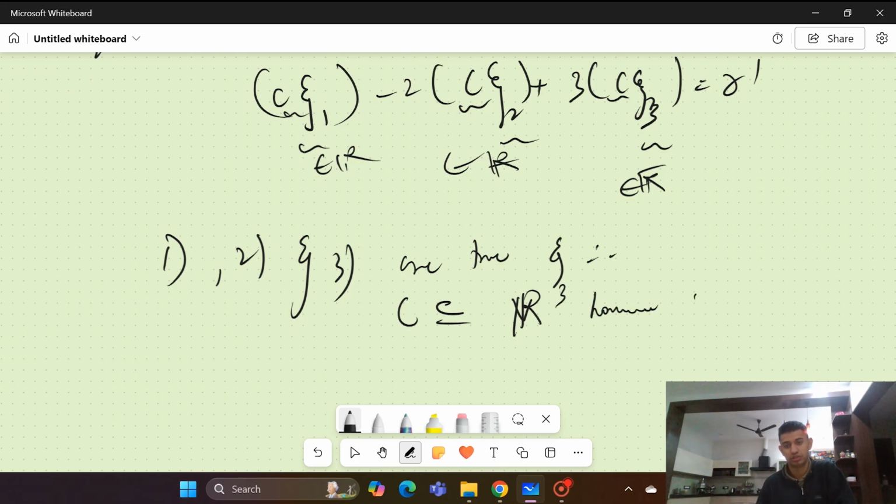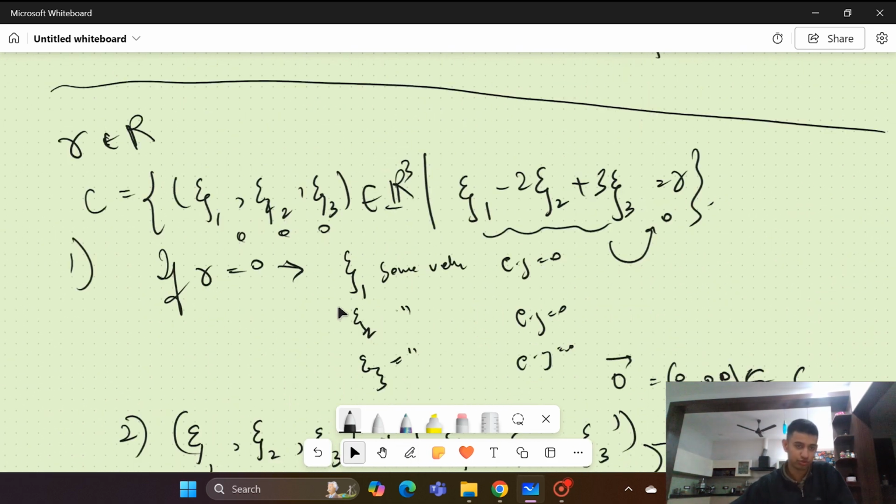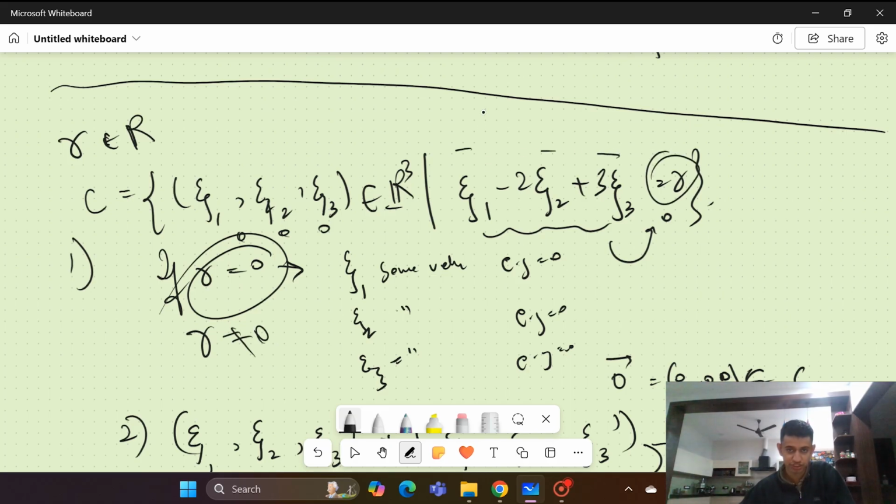However, gamma must be 0 for condition 1 to be satisfied. So this is not true for all of them. It's just that if you choose gamma to be 0, which is what we chose here, then this can be shown to be the case. Because if gamma is not 0, then at least one of G1, G2, G3 must have a non-zero value.